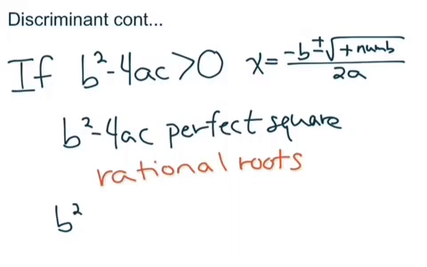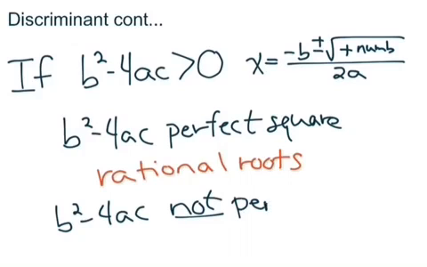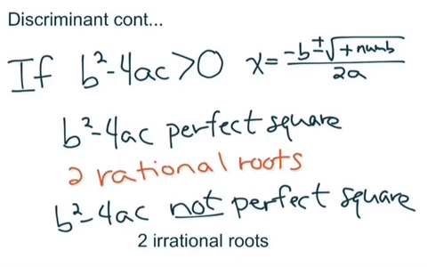If b squared minus 4ac is not a perfect square, then we're going to have irrational roots. So 2 rational roots or 2 irrational roots are possible, based on whether it is a perfect square or not.